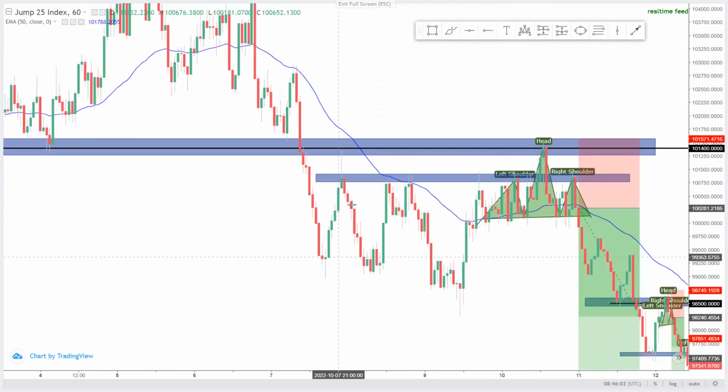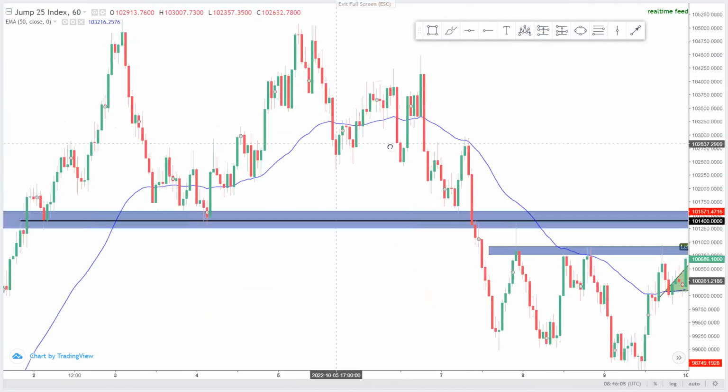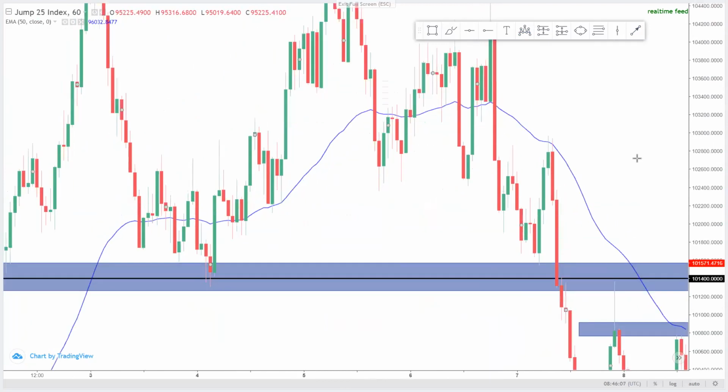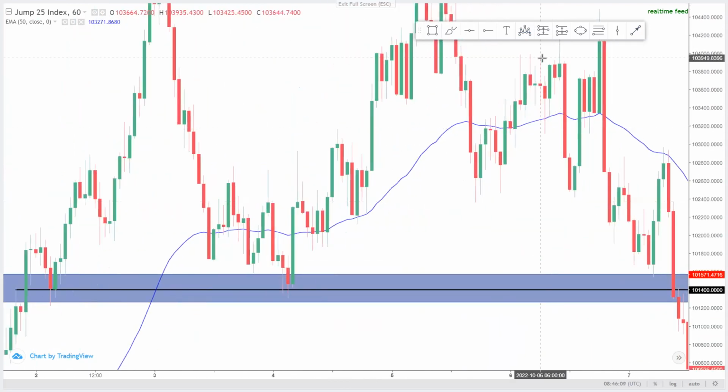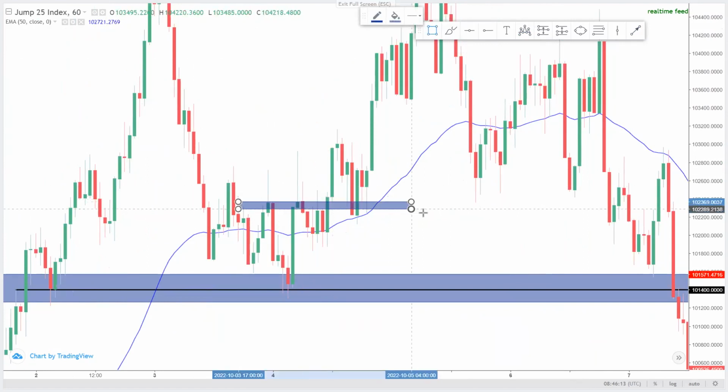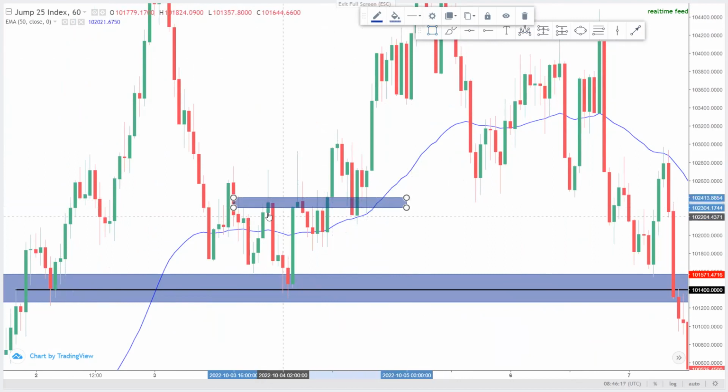Also, we had another opportunity for an inverse head and shoulder pattern, which is the reverse of what we've been dealing with, somewhere around this level. You can clearly see where the level of resistance was broken.